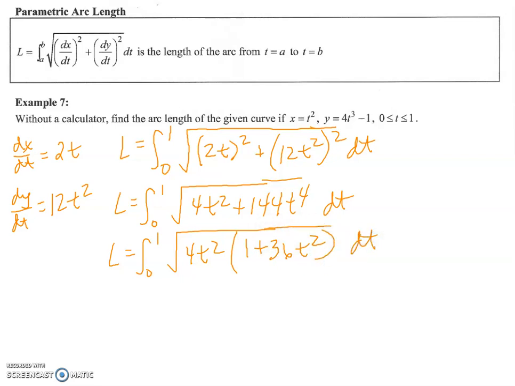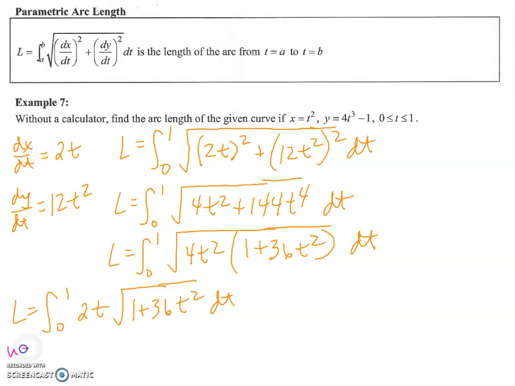And the nice thing about the 4t squared is that it is a perfect square. So I've got L is equal to the integral from 0 to 1. What I really have is a 2t on the outside and the square root of 1 plus 36t squared underneath, dt. Now this has set me up for a u sub integral.